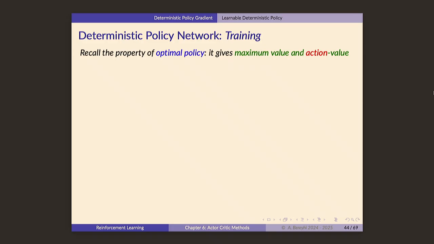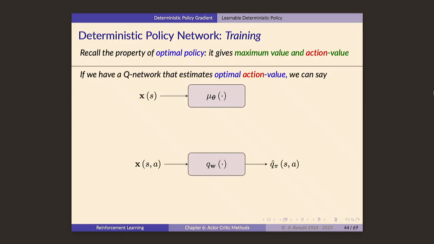Now, let's just get back a bit to the optimal policy notation. What we discussed at the very end of chapter 4 was that if we want to do Q learning in an environment with a continuous action space, the problem was that you give this state to your neural network, but at the output you need to find out what the optimal action is, right? What is the action with maximum Q value?